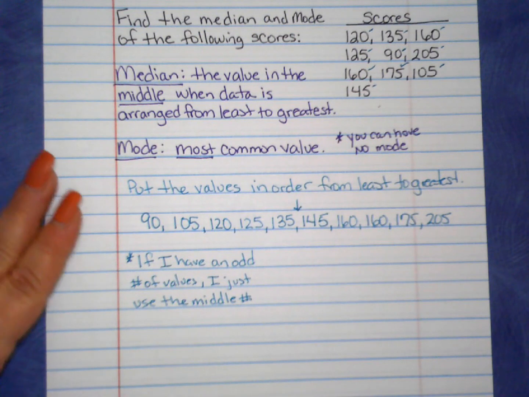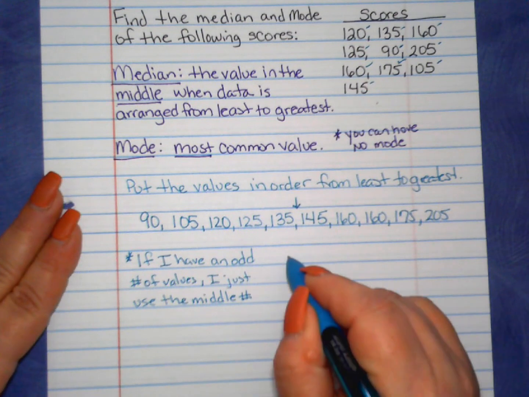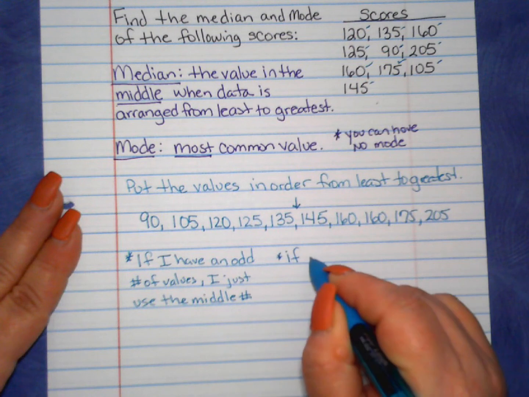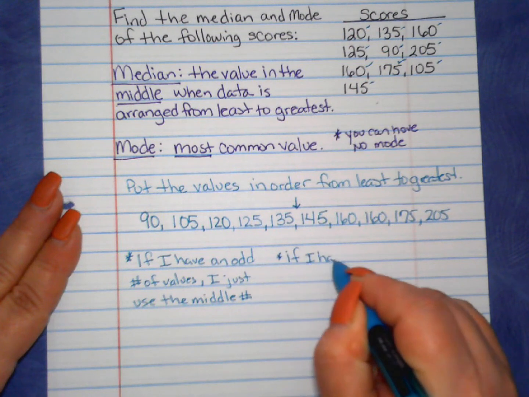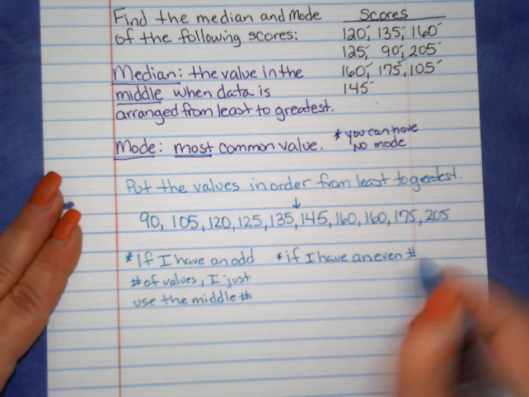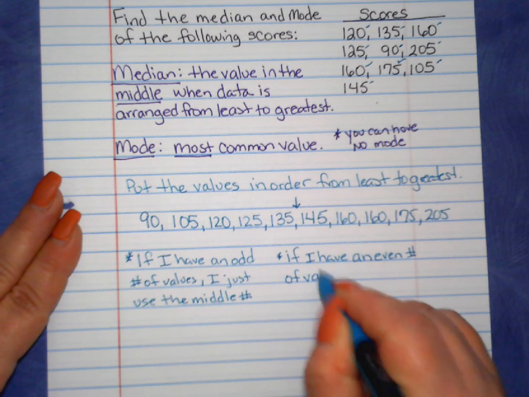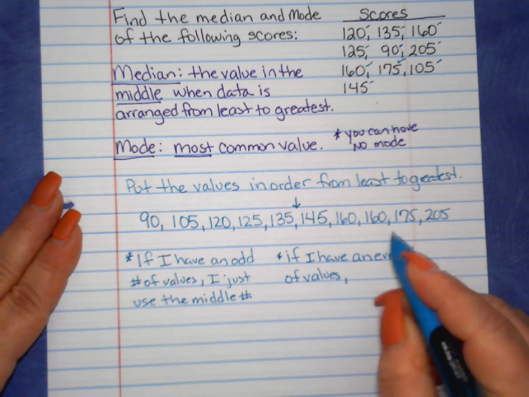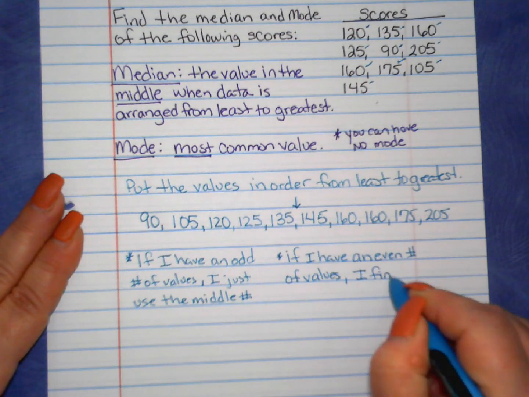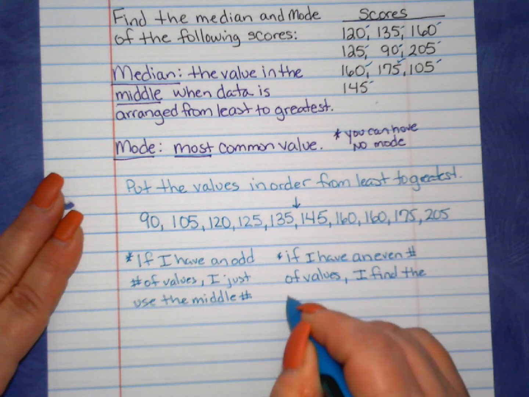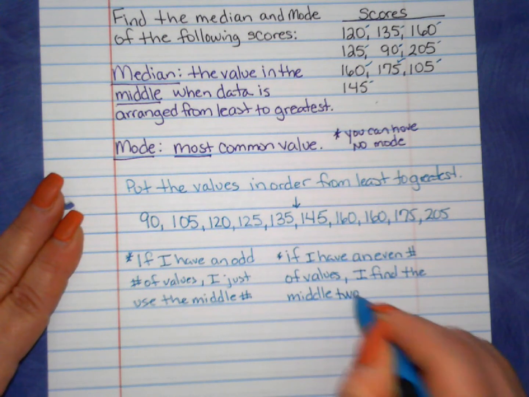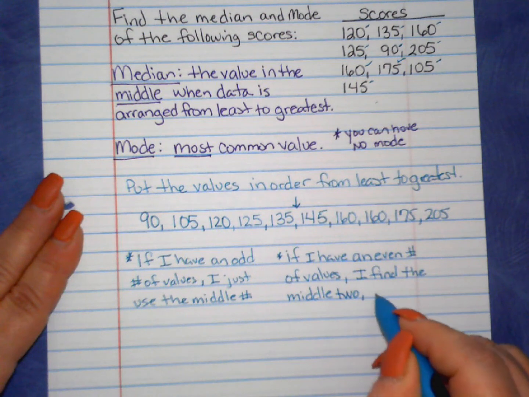All right, then if I have an even number of values, I find the middle two, then add them.